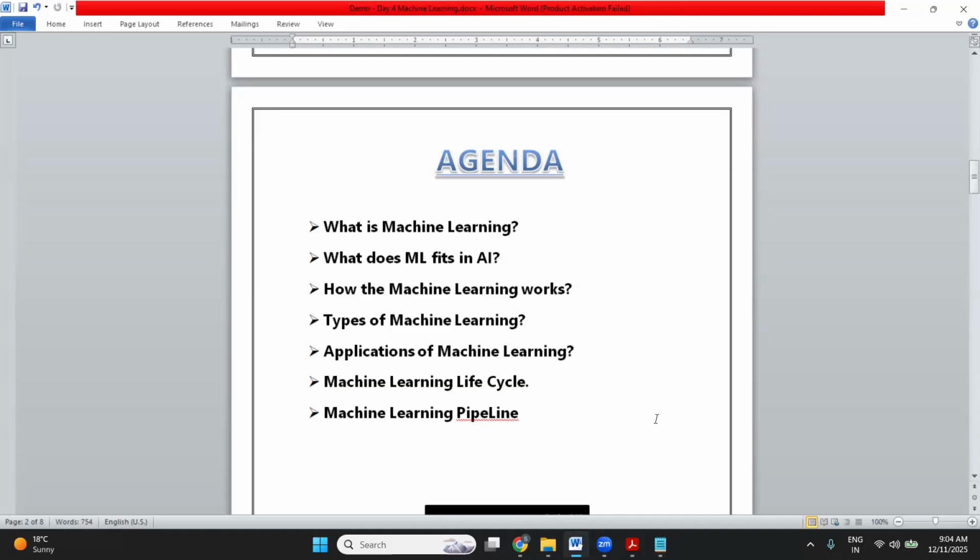I understand theory will be very boring, even for me. So better we take an example. I'll show you a demo, and we'll try to understand the rest of the concepts, like what the machine learning cycle is, how we'll perform it, and how we'll perform our project using the machine learning pipeline.